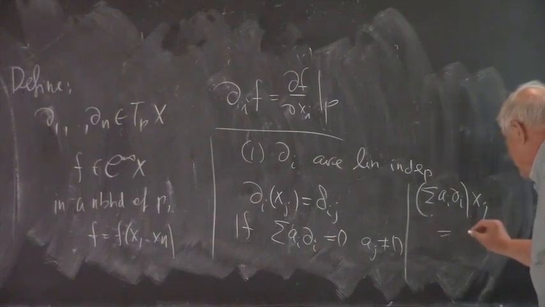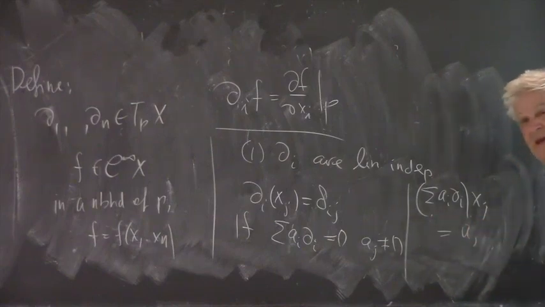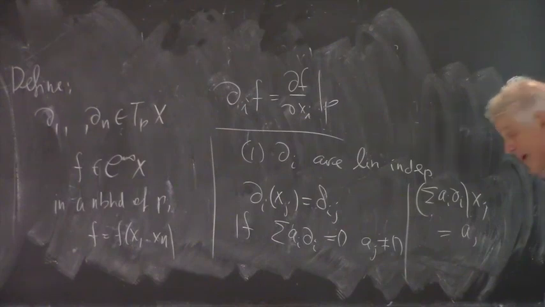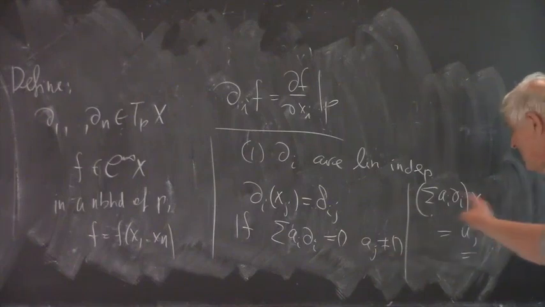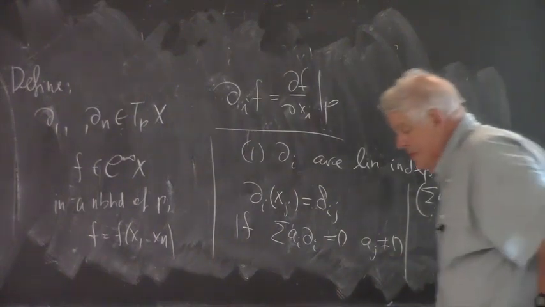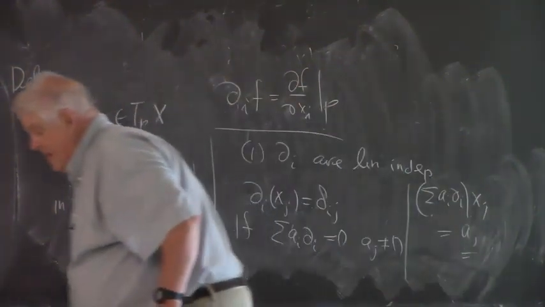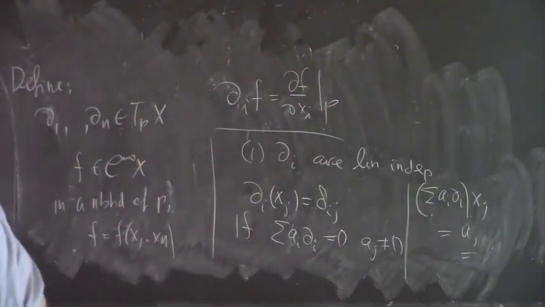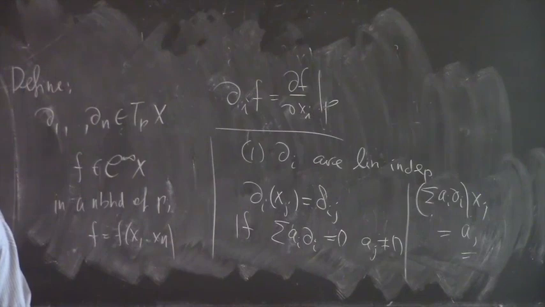Because this is certainly aj. The di of xj is normally 0, only dj of xj is 1. And this connects to this, because this is 0. So we have that aj is both 0 and non-zero, and this shows that these are linearly independent.